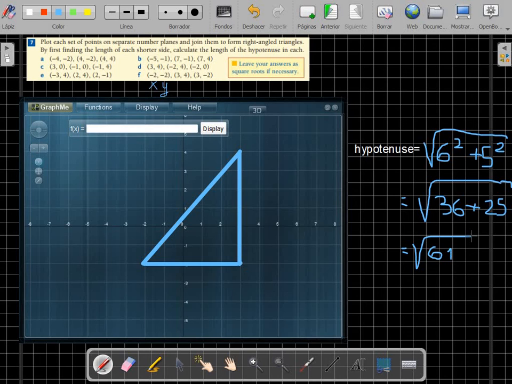Now the square root of 61 is not an integer. We have the square root of 64, which is 8, and the square root of 49, which is 7. But the square root of 61 doesn't have an integer solution, so we're going to leave it that way. Okay, we don't have to do anything else here, so that's the answer. The hypotenuse is the square root of 61.